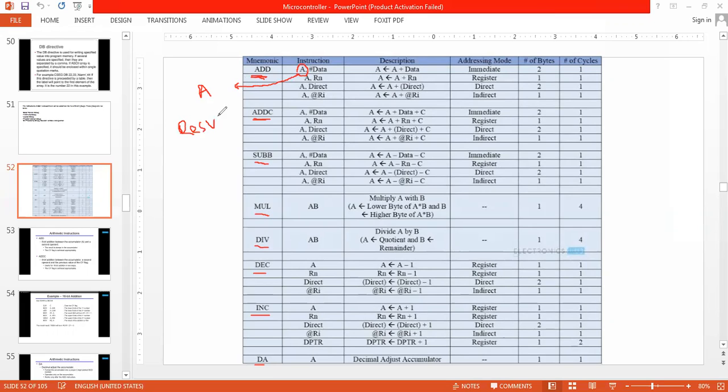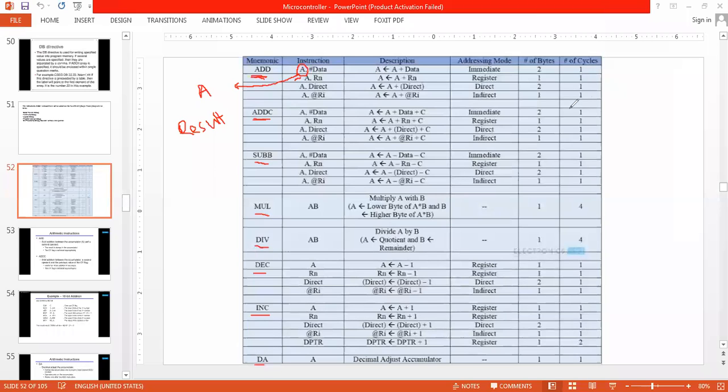That is why the A register is written as the destination register in all these arithmetic instructions. How many instructions do I have here? 1, 2, 3, 4, 5, 6, 7, 8. So there are 8 instructions, and all of them have the A register as the default result holding register.